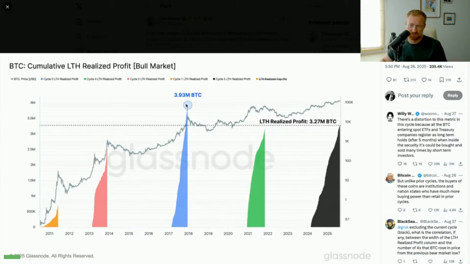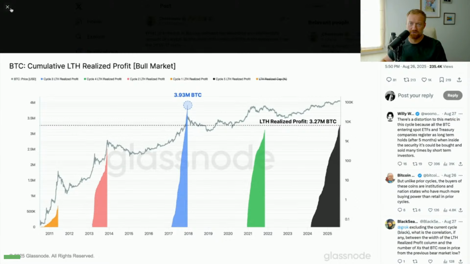Realized profit, you see it peaked here in 2017, 3.9 million here already. This is a great chart, by the way, 3.27 million. We already passed last cycle's double top. Interesting to know. We have not passed 2017's top. Also interesting to know.